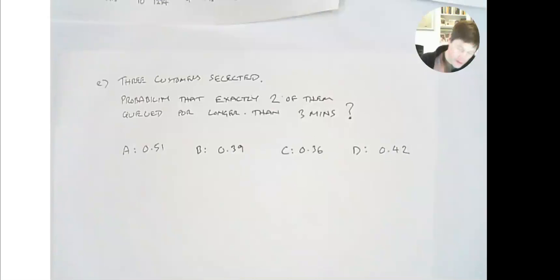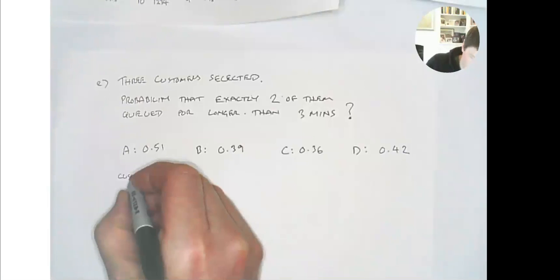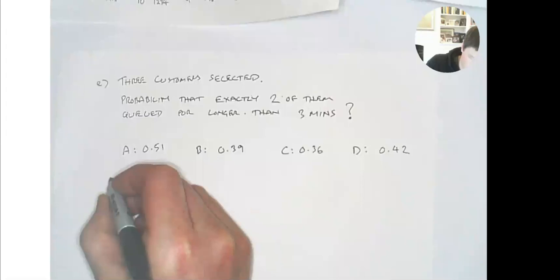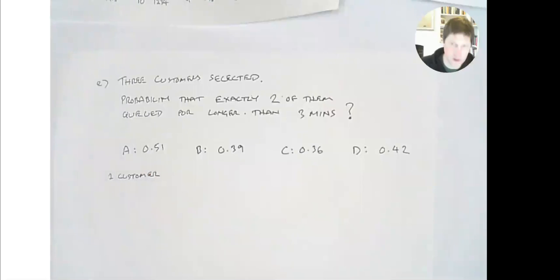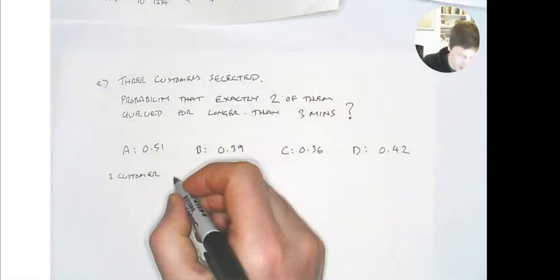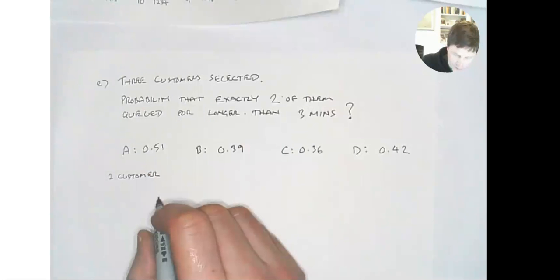You can think, well, if you consider one customer, so any one of those customers, what's the probability that any one customer queued for less than 3 minutes?